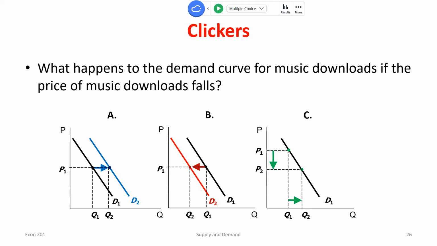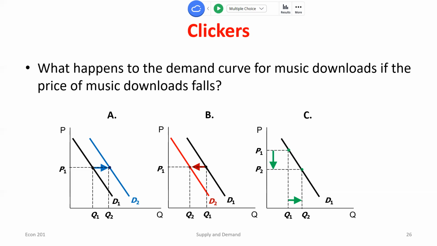So the demand, this is supposed to be price, right? When the price of a good changes, we're just moving to different points on that demand curve. If we set the price here, this is how many units people would be willing to buy. If I then lower the price here, this is the new number of units people will be willing to buy.